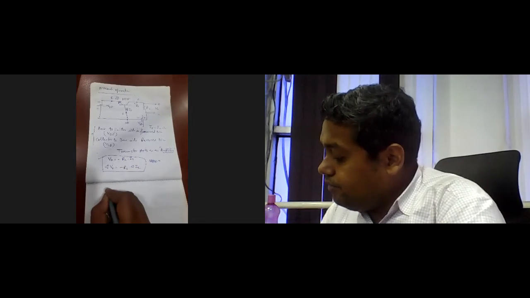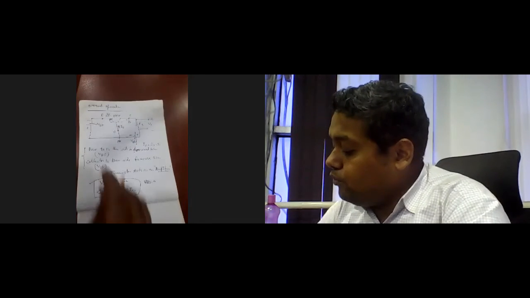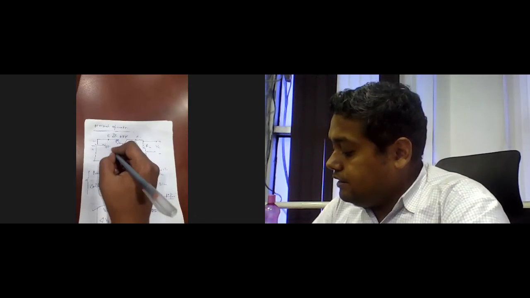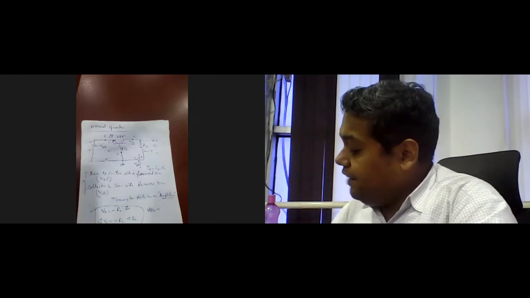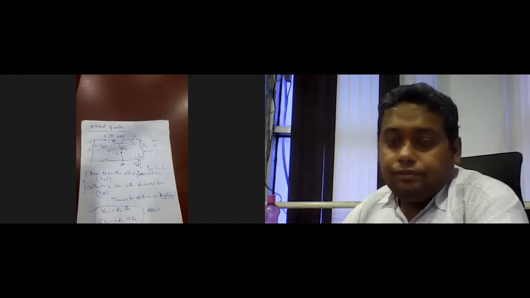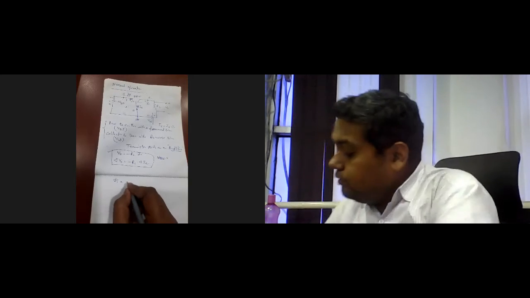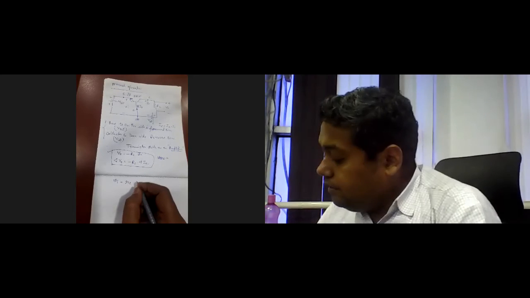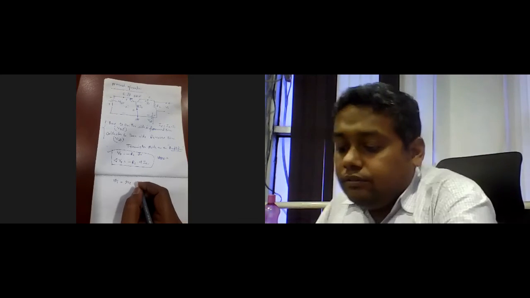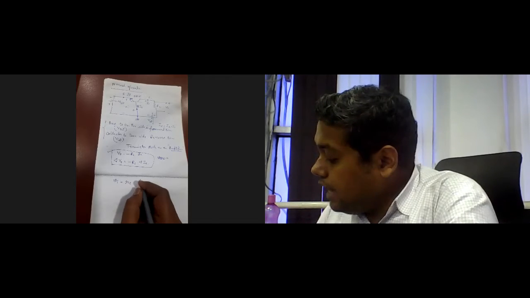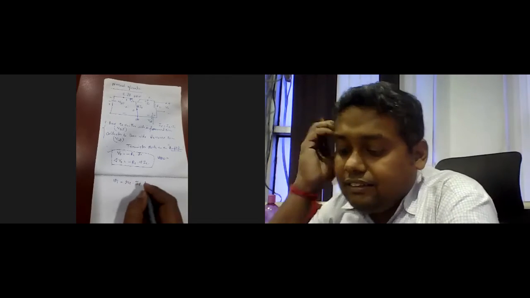Now if we consider the input voltage as VI in the circuit, what is the value of VI? RE into I. What is RE? Can you define RE?